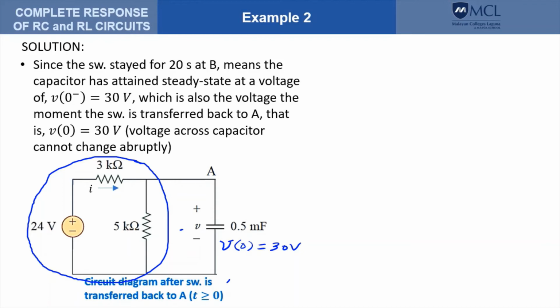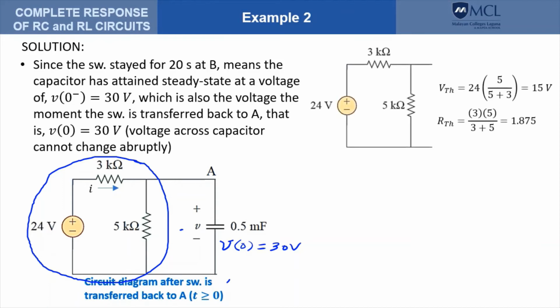So to do that, we isolate that part of the circuit and determine the Thevenin's voltage and resistance. So we'll get 15 volts here by doing a voltage divider across the 5 kilo ohm resistance. For the Thevenin's resistance, after shorting the source across the terminals, the 3 and 5 K will be in parallel, and that should give us this result.